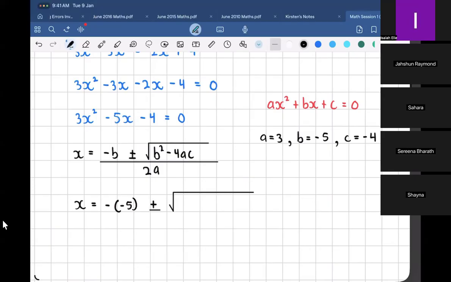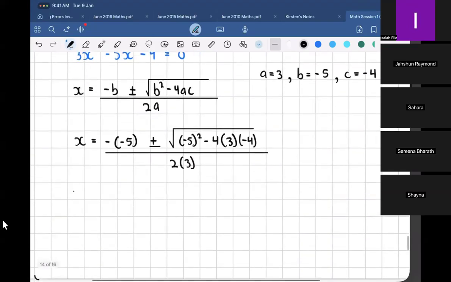So B squared, that would be -5 in brackets because it's a negative number squared, minus 4 by A is 3, by C is -4. Great. All over 2 by A. A is what, guys? What is A? 3, sir. 3. Okay, great.